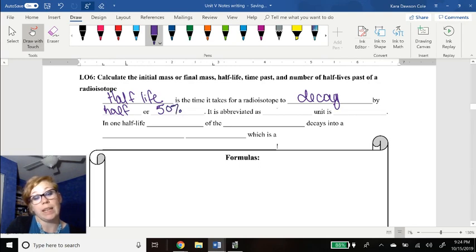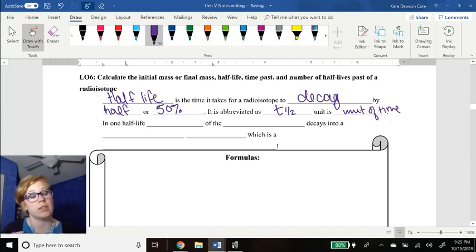It is abbreviated as T 1/2, and the unit is some sort of unit of time. It can be minutes, seconds, hours, days, years, thousands, millions, or billions of years. So it can be any of those things, right?